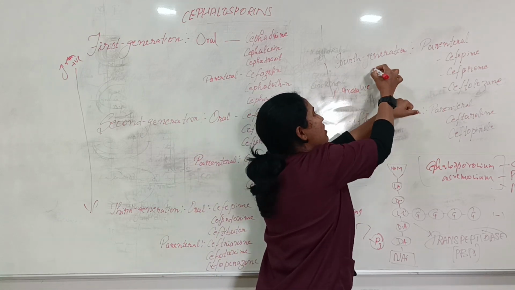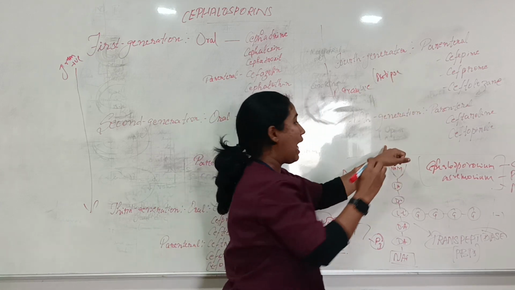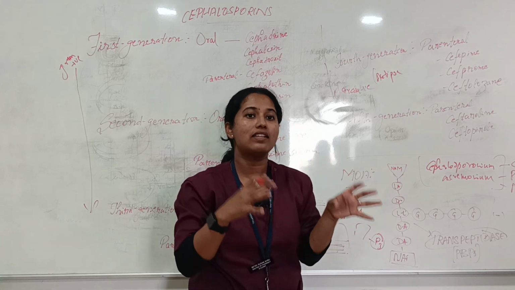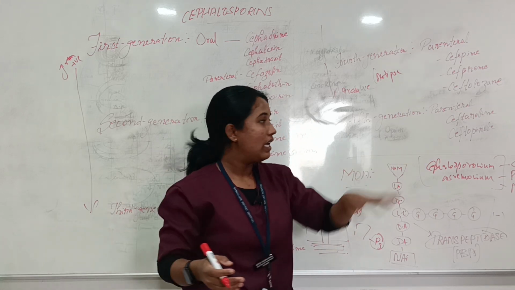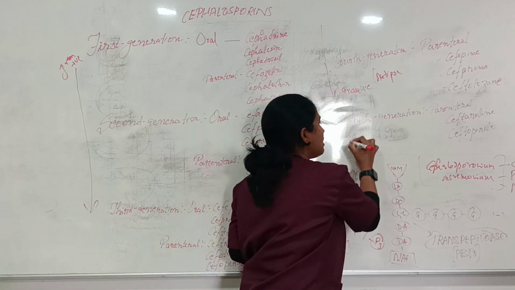And the 5th generation is called anti-MRSA cephalosporins. You won't say 5th generation, you say anti-MRSA cephalosporins. Even the 4th is called anti-pseudomonal cephalosporins, not 4th generation.